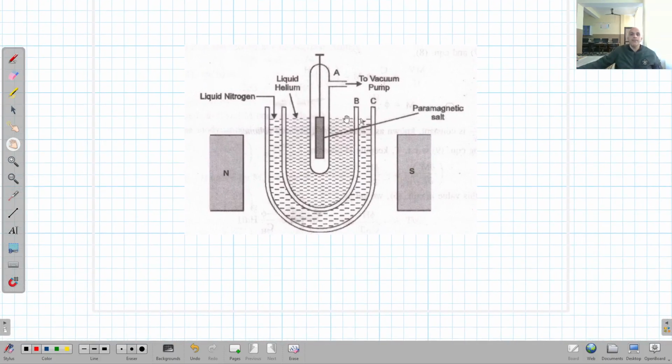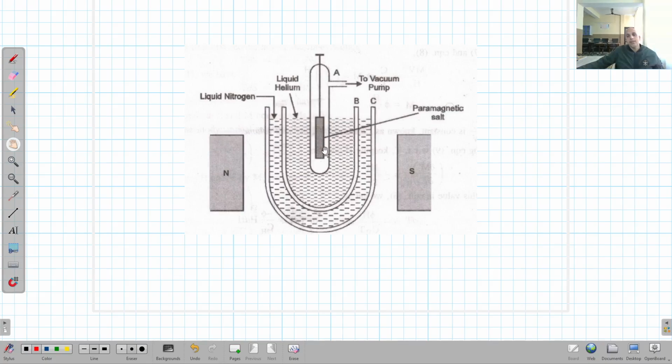So you can see here, this is the schematic diagram of the apparatus used. In actual, the apparatus is complicated, but to understand the entire process in a simple way, we can consider this diagram, right? Here these are the two magnetic poles which are used for producing magnetization in this paramagnetic salt.